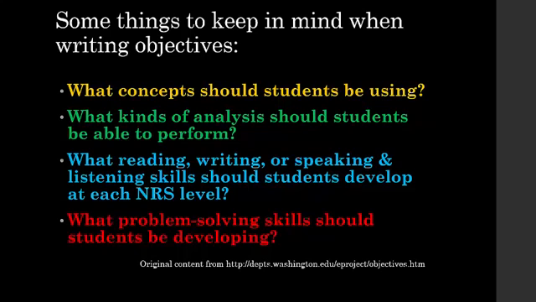What kinds of analysis should students be able to perform? In other words, what habits of the mind have they already developed? What types of critical thinking skills do they have already? And what are our expectations of the skills that they will build?